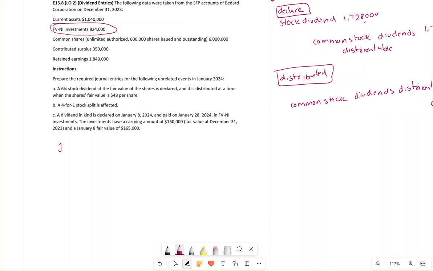So let's see what happens in this case. On January 8th, what we did is we declared, and we paid on the 28th. So we have to do the first transaction on January 8th when we declare a dividend. We wanted to know how much dividend was declared. The investment has a carrying value of 160,000, the fair value at December 31st of 23.